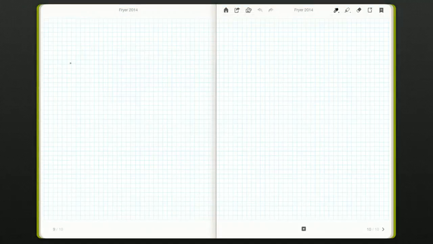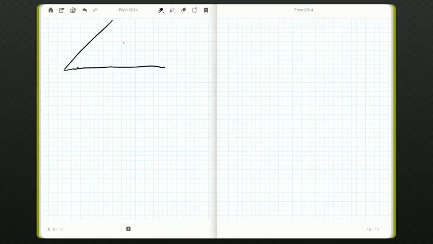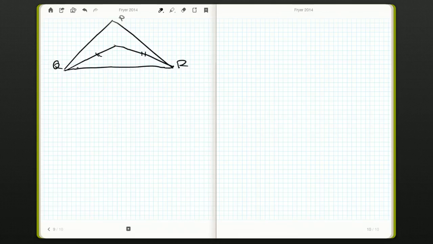We draw ourselves a little picture. We have P, we have Q, we have R, and up here we have S. And we know we have 140 degrees here.